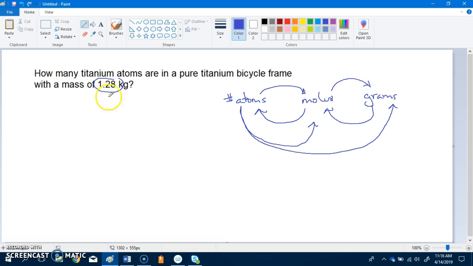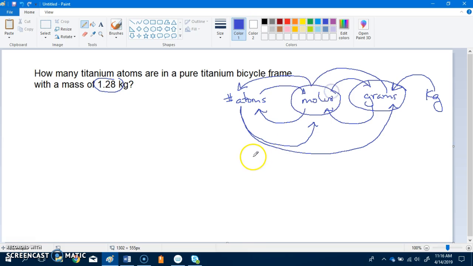And actually now I'm adding on a third, because I'm going grams to moles to atoms, but I have to go kilograms to grams first. So I'm going to be doing 1, 2, and then 3 different conversions for this.